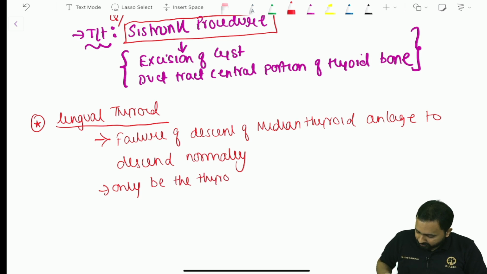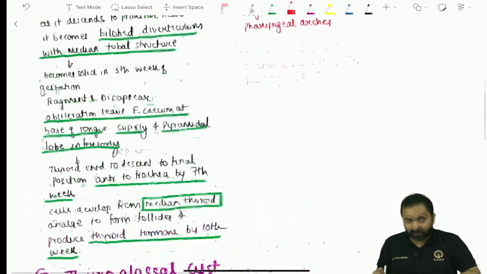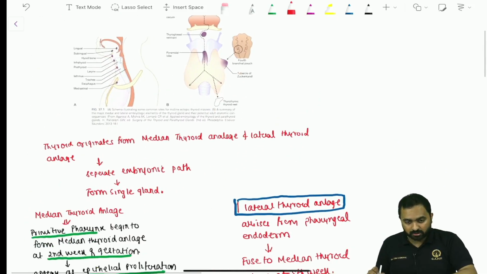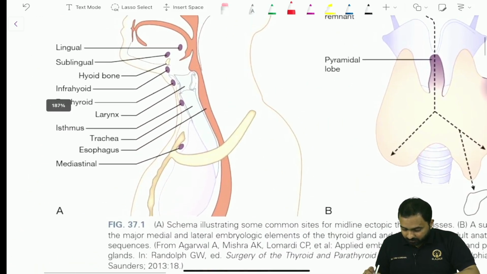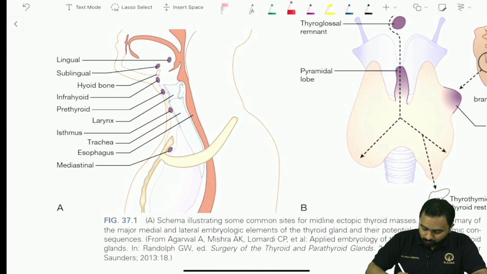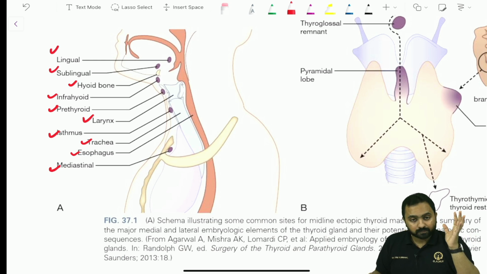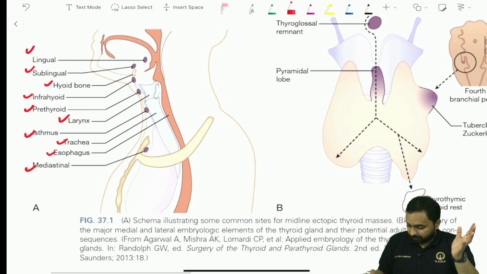So there is no other thyroid tissue. And the third one is your ectopic thyroid. The ectopic sites of midline ectopic thyroid include lingual, sublingual, hyoid bone, infrahyoid, prethyroid, larynx, isthmus, trachea, esophagus, and mediastinal. These are some of the common sites of ectopic thyroid masses.